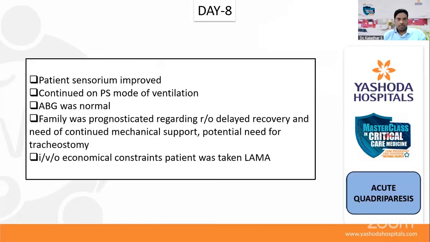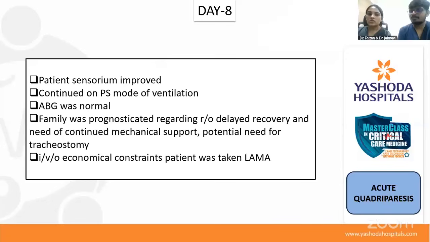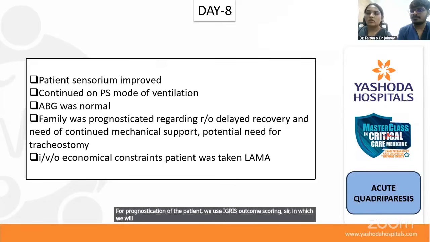Any prognostic models? I think this is the last question, probably a continuation of the previous one, especially from the prognostic point of view. Any prognostic models that you know of? For prognostication of the patient, we use the IGRIS outcome scoring, sir, in which we will be able to tell the patient's ability to walk, at what time they'll be able to walk, and what to expect.